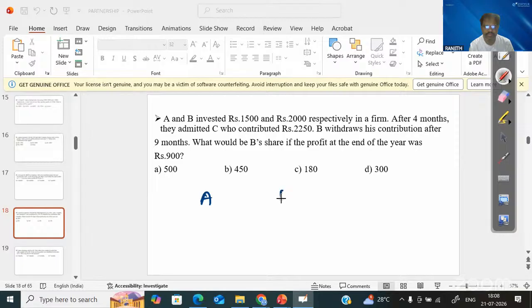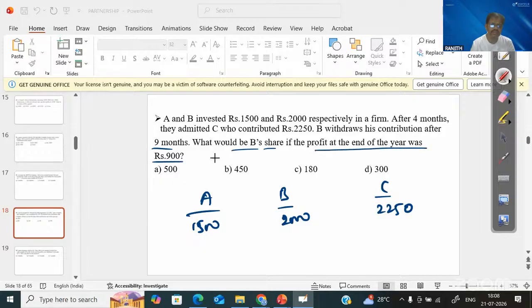A, B, C: A's investment is 1500, B's investment is 2000, and C's investment is 2250. B withdraws his contribution after 9 months. What could be B's share if the profit at the end of the year was 900?